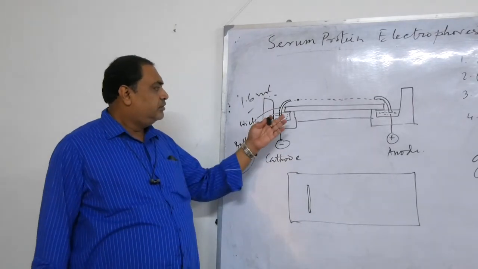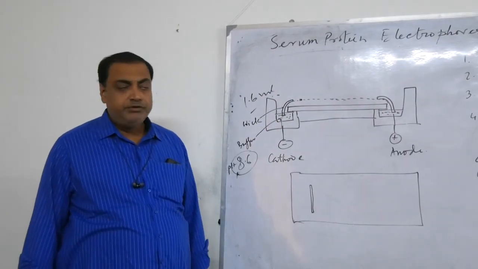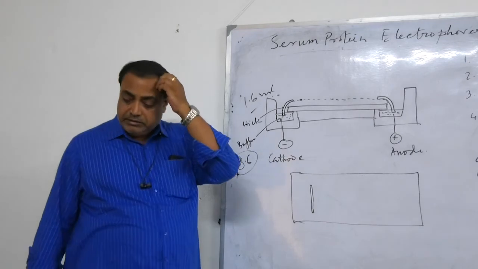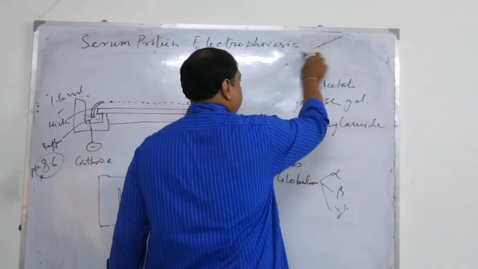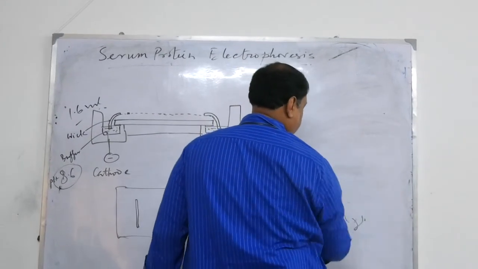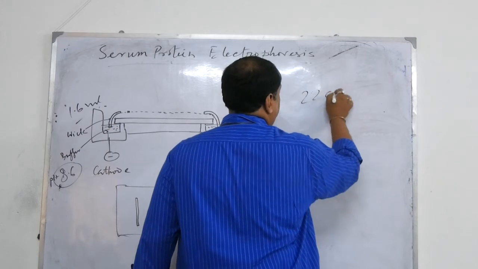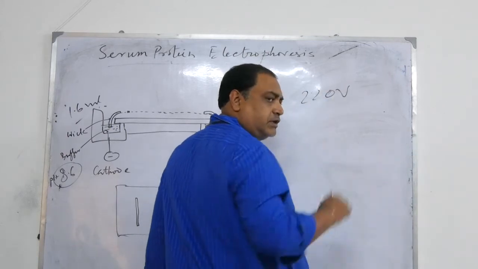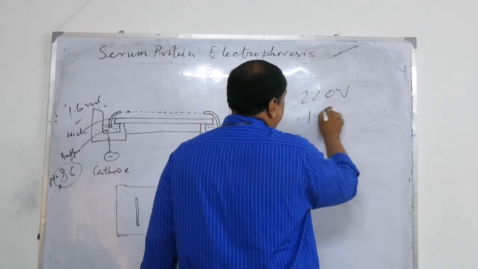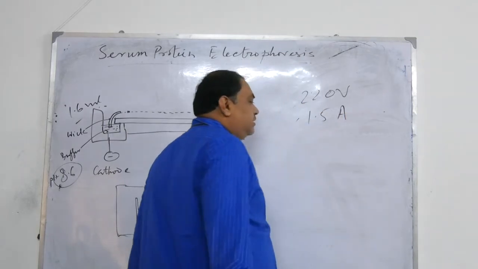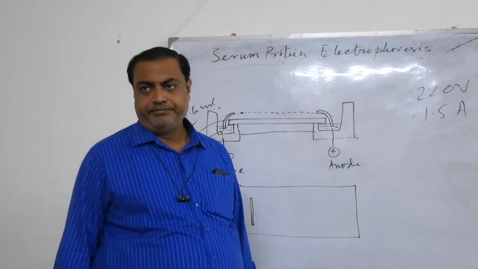Now, this is connected to the power pack, which will maintain a particular voltage and current. If we maintain the voltage at 220 volt, supplied in our normal regular supply, then we must regulate the amount of current to 1.5 ampere per slide.